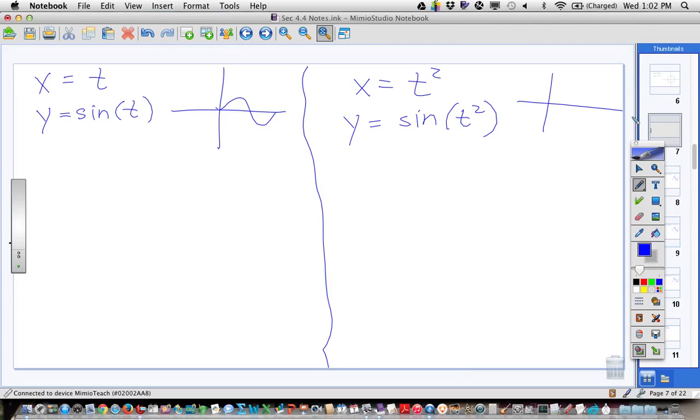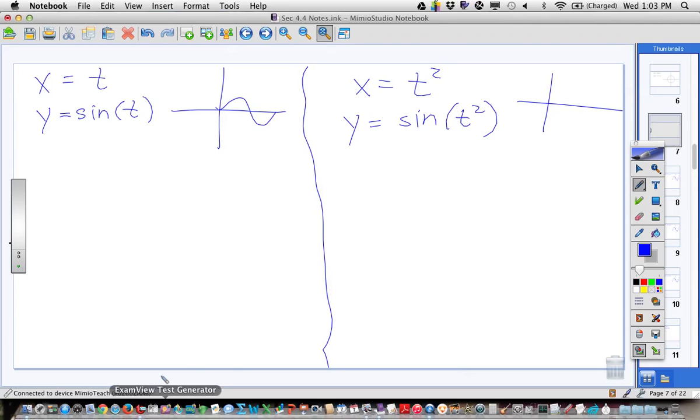What do you mean by longer? Stretched horizontally? Think about what I said a minute ago about that substitution thing. If x is equal to t squared, doesn't that mean we can replace t squared with x and we get y equals sine x? And that's exactly what that means.